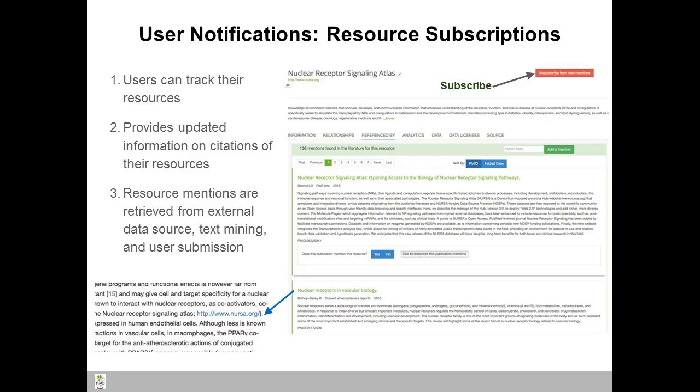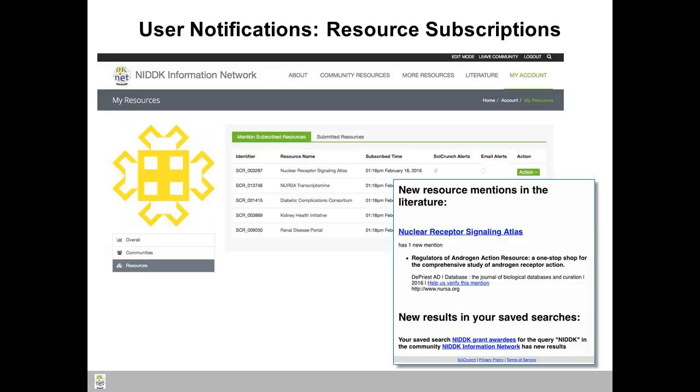Once we have these resource mentions, we're able to then allow, for example, resource subscriptions, so we can actually provide resource owners with information as to when new mentions for their resource have come out in the literature.